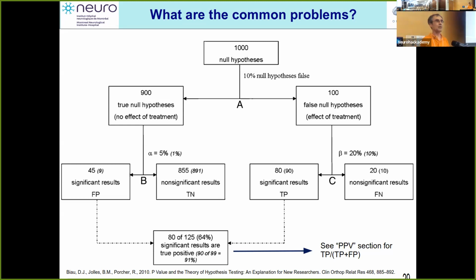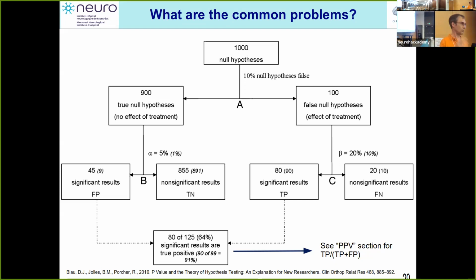And then you see that the rate of true positives, the percentage, is 64%. Two thirds, it's not too bad. It still leaves something like a third of the results that are wrong. I guess to me that's not super intuitive.